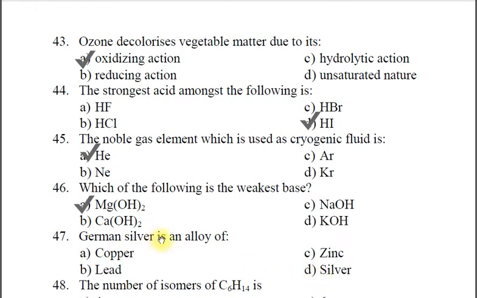The copper, lead and zinc are all present in German silver. So the question is incorrect. The question should be: German silver does not contain which of the following constituents. Then the answer would be D, silver. So this question is incorrect.